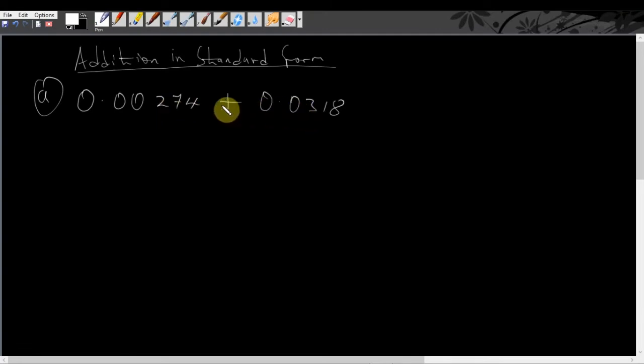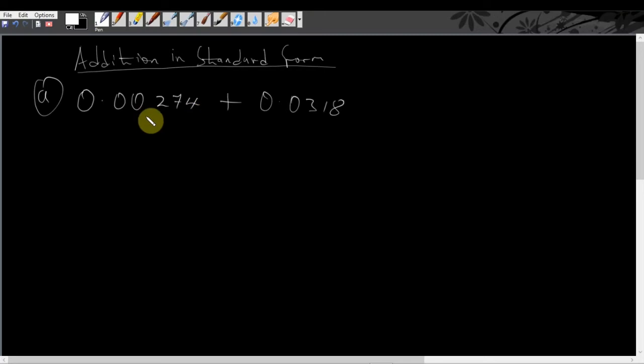And one thing about addition in standard form is that the exponential must be equal. If they are not equal, you cannot add them. It's unlike multiplication and division, which are almost the same thing like that of indices. Okay, let's see what this tells us.